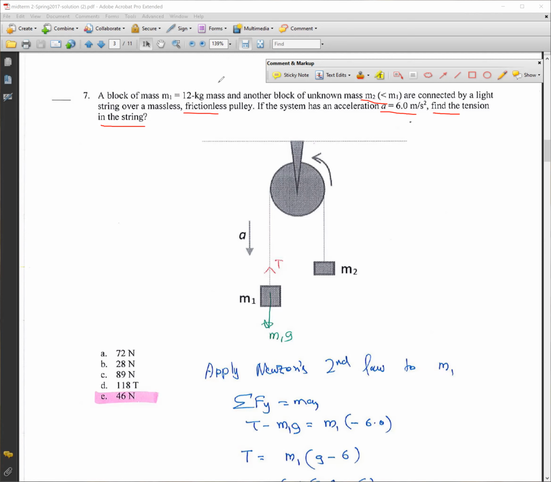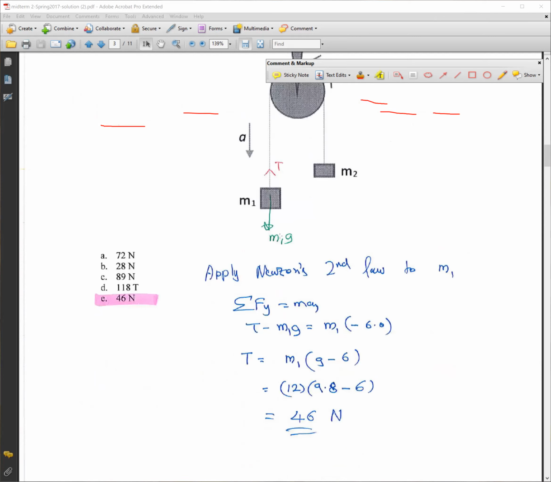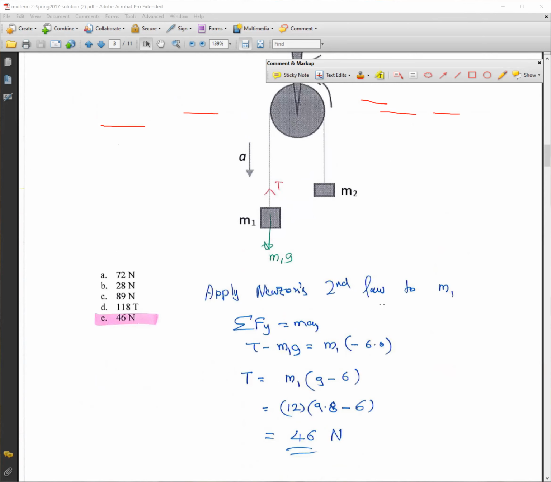Now, in this case, if I move down, so if we apply Newton's second law to mass number 1, we have the following: tension minus M1.